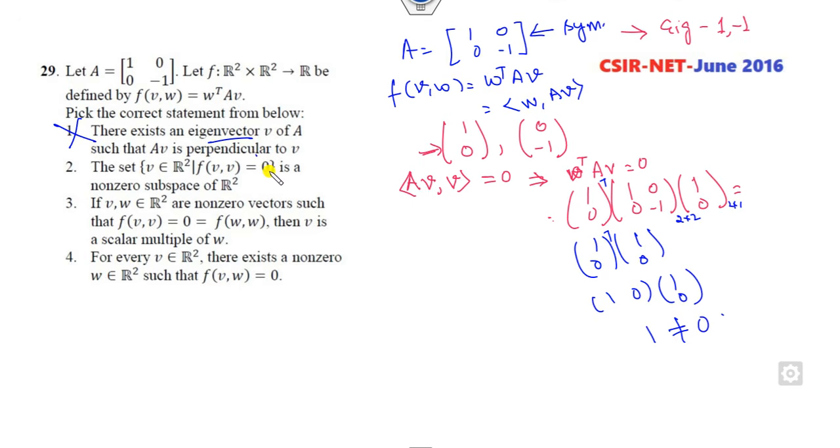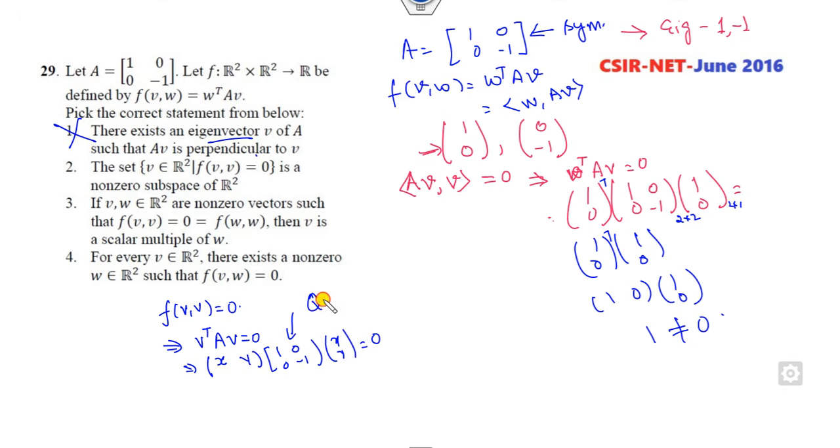F of V is 0 is a non-zero subspace. What is the meaning of that? It means V transpose A V is 0. If I consider V as (x, y) and A as 1, minus 1, then because of the symmetry it is a quadratic form. So we can write directly: this is x square minus y square.